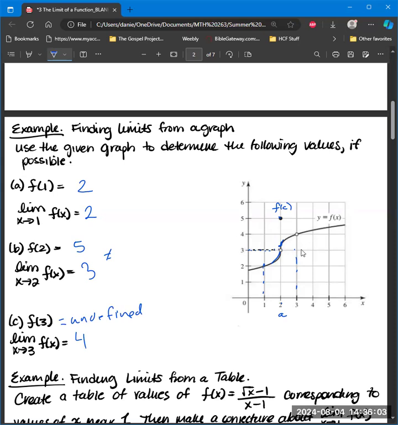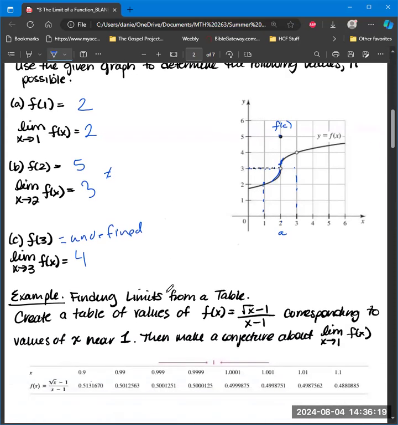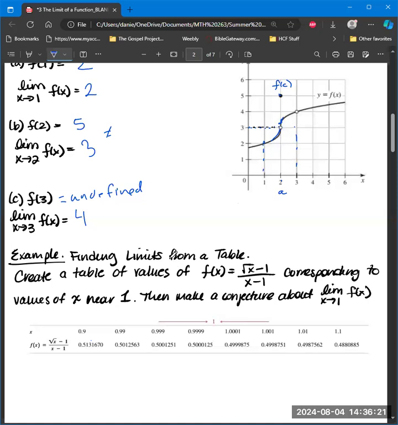So we can have a limit exist and a function value not exist. We can have a function value exist and the limit exist. We can have a function value with no limit if there's just a single point there and I don't have any activity from the left and the right.